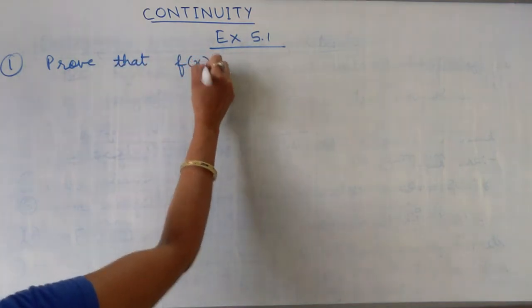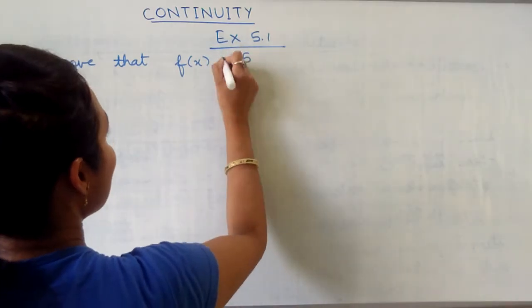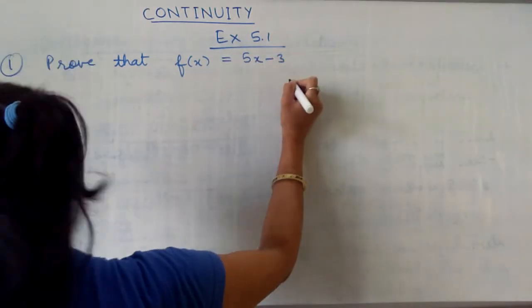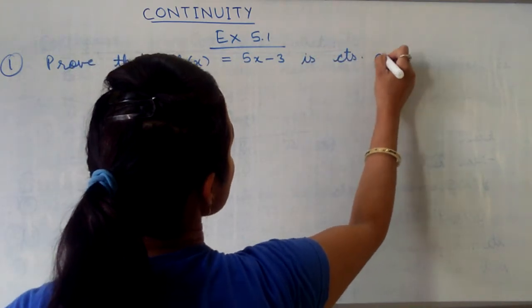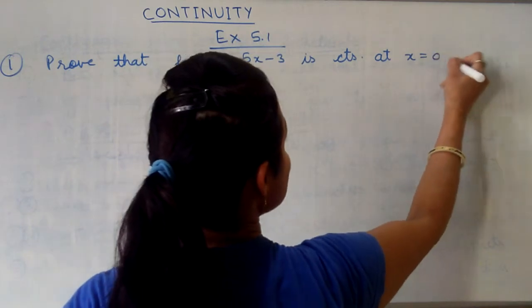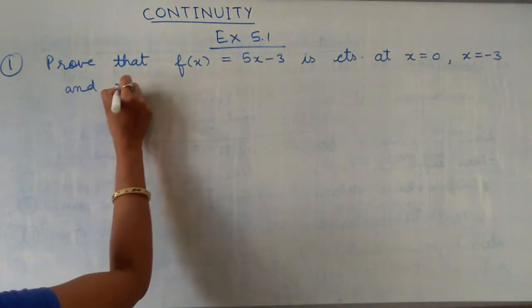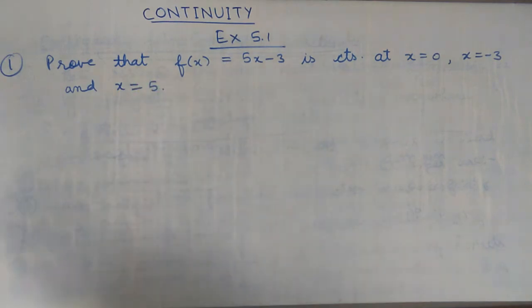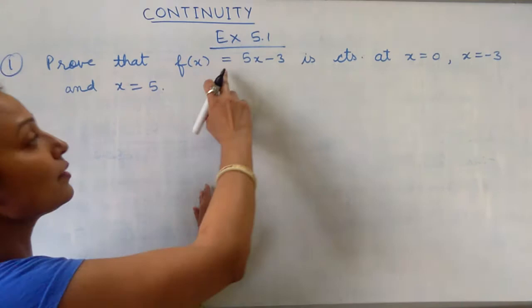f(x) equals 5x minus 3 is continuous at x equals 0, x equals minus 3 and x equals 5. So this is a very easy question. At the three points we have to check the continuity of this function.